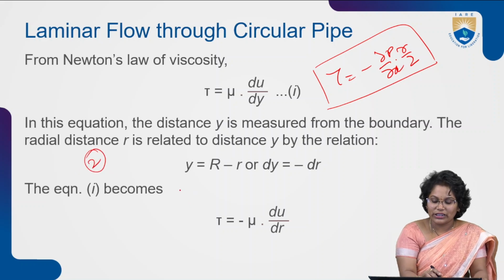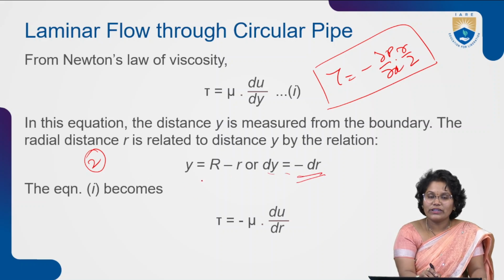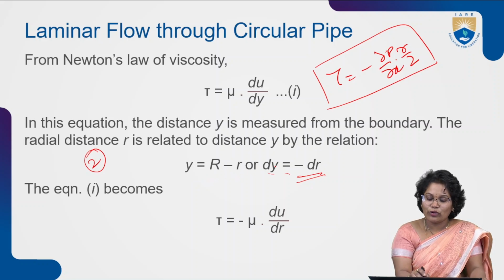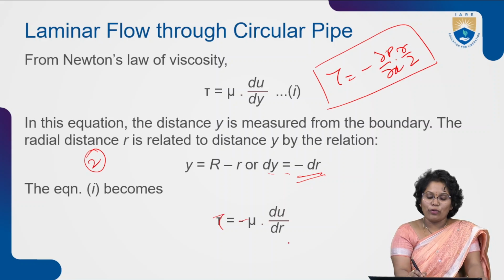First, dy is equal to minus dr, because y is equal to capital R minus small r, so we can also write dou y is equal to minus dr. So the equation becomes tau is equal to minus mu into dou u by dou r.